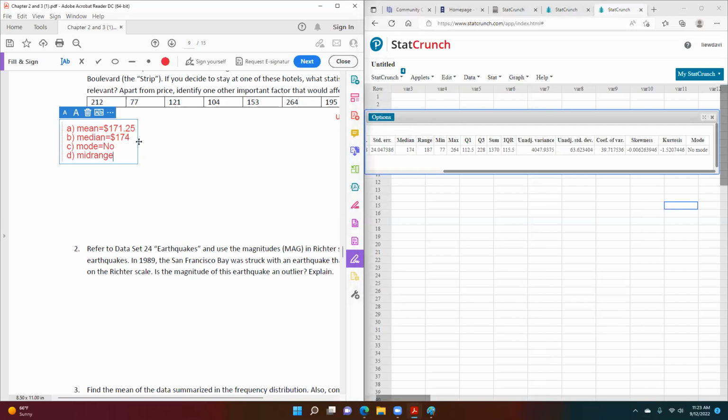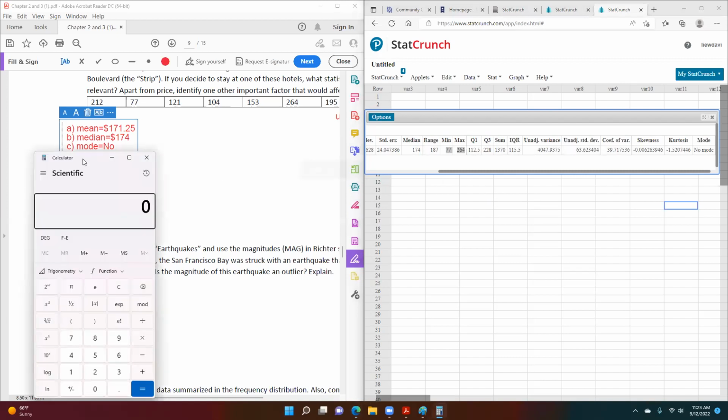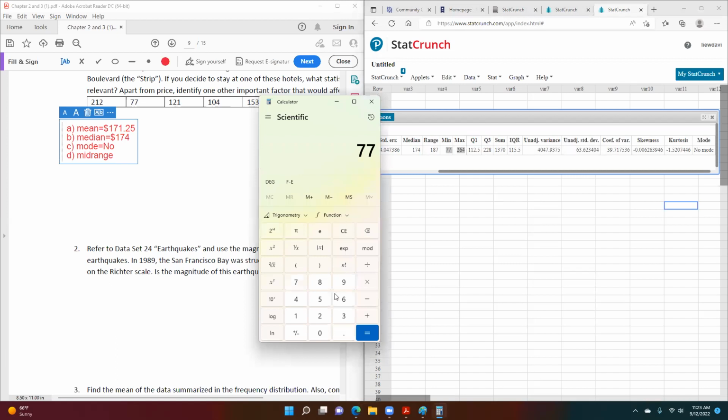And then for the mid-range, you take the maximum and the minimum, add them up, and divide by 2. You need a calculator to do this. So 77 plus 264, the minimum and the maximum, add them up and divide by 2.